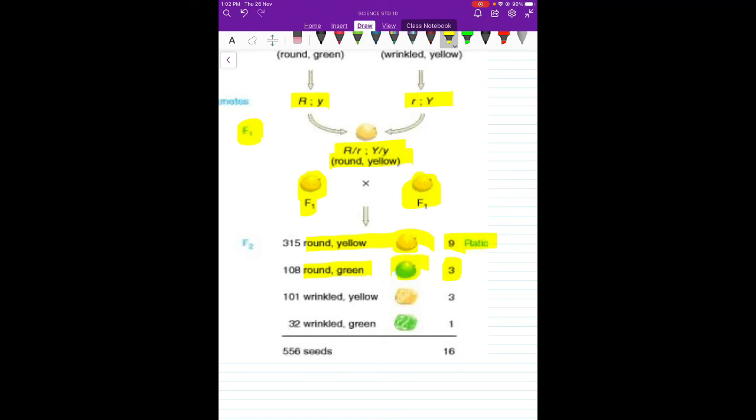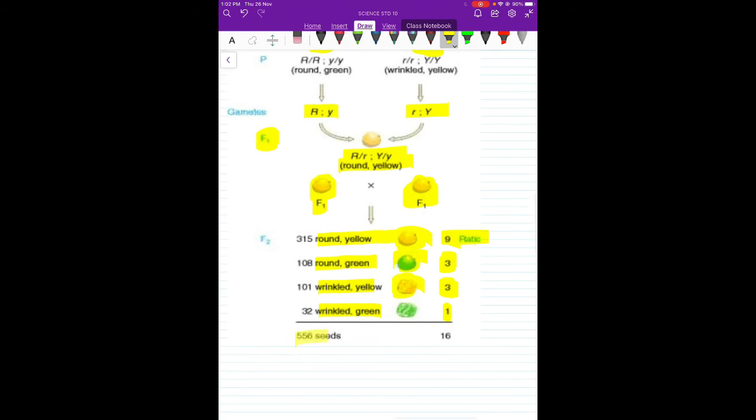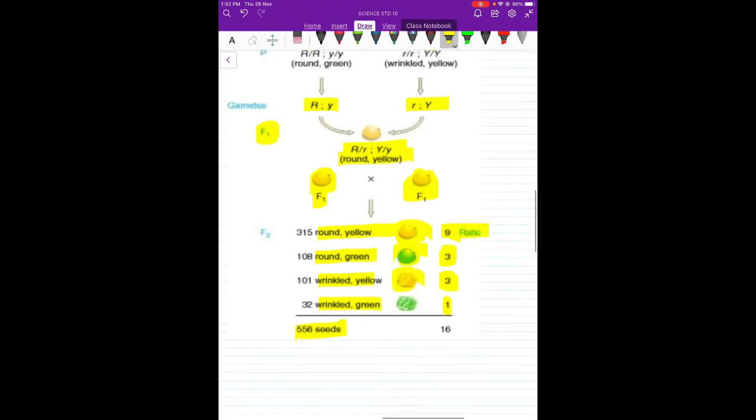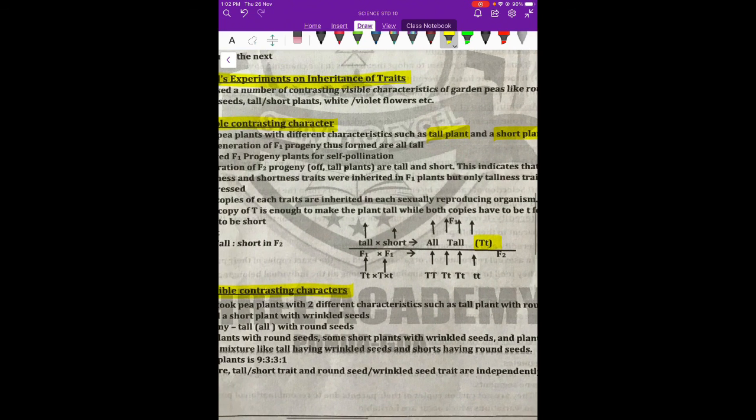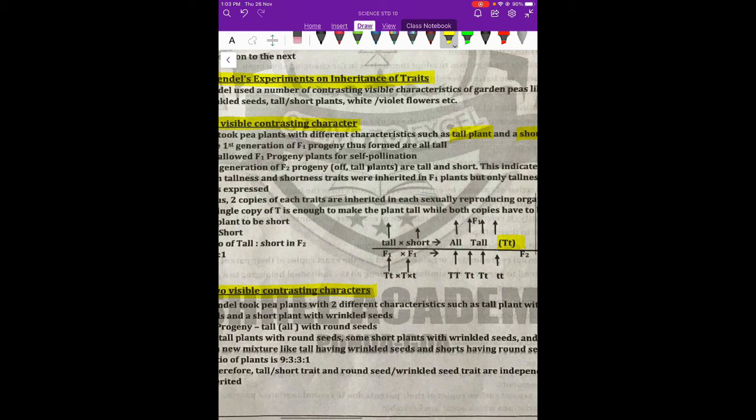We can see the images. Then came wrinkled and yellow, this combination gave us 3, and then came the last combination, wrinkled and green. So this is how the ratio was fixed. He had taken 556 seeds in total, and then he found this ratio. So this is how we can see the characteristics are passed on to the next generation. Thank you.